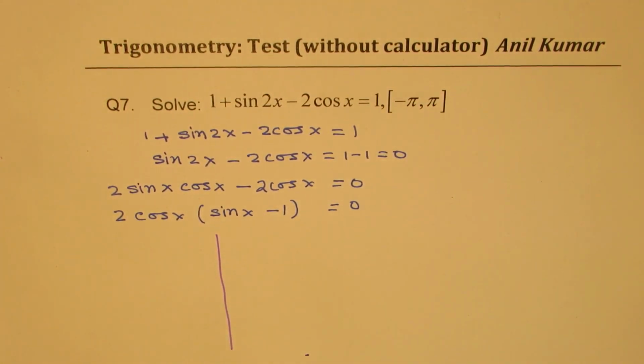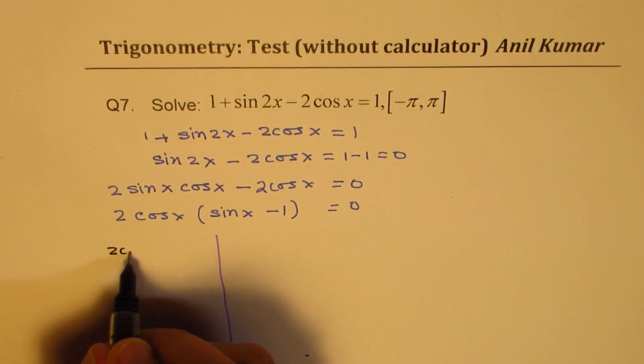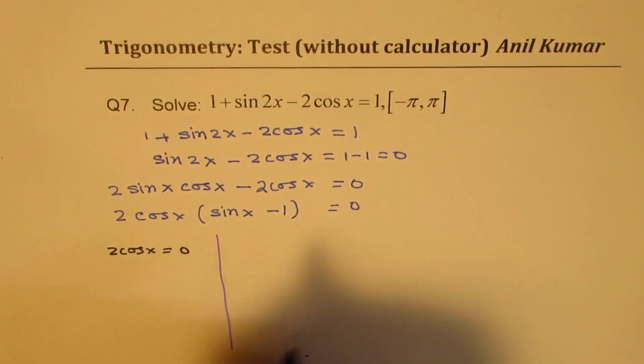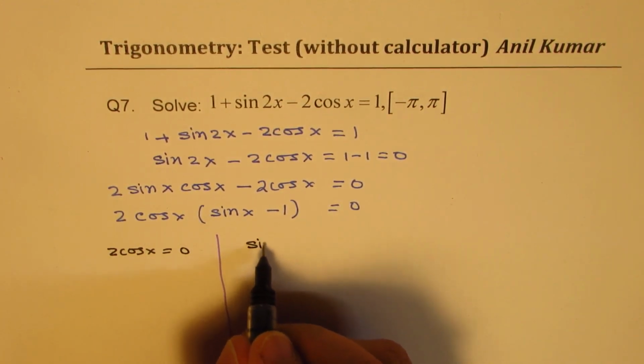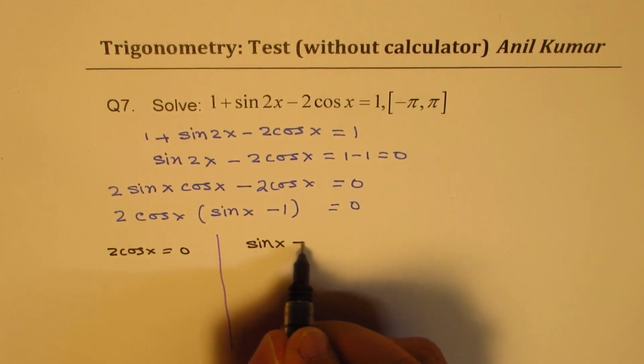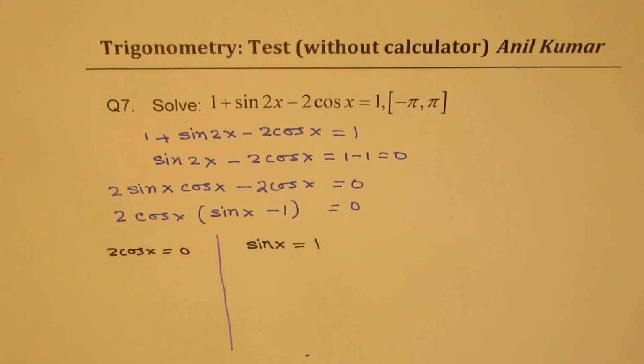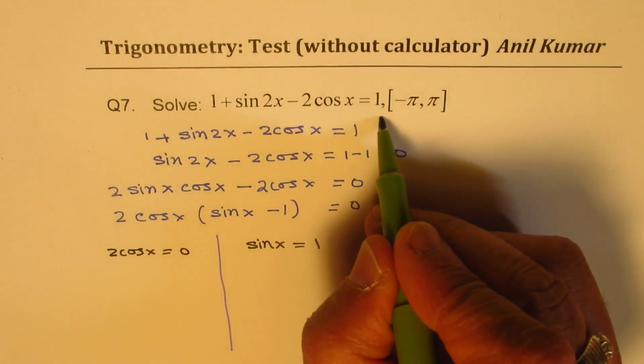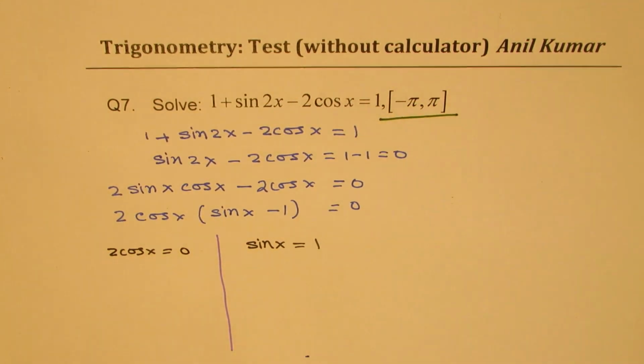One is that 2 cos x equals 0. And the other one is sine x minus 1 equals 0. Okay? Now we have to work in the interval minus pi to pi. That is kind of important to understand.